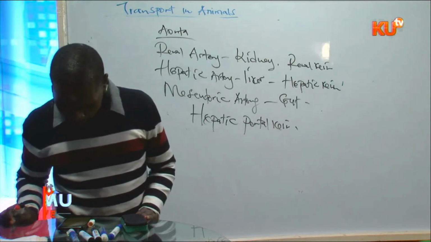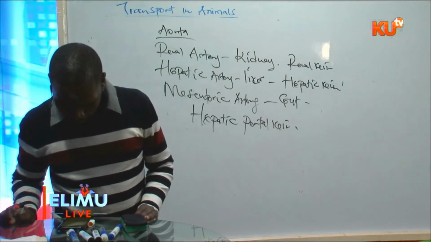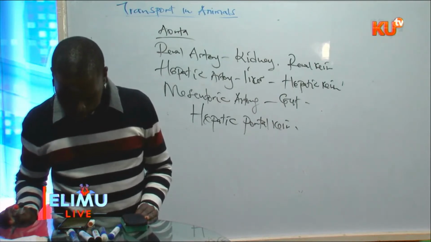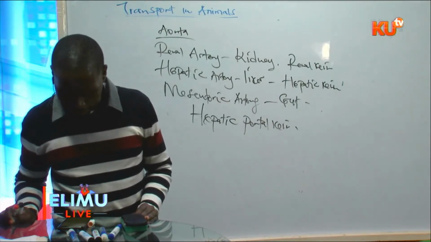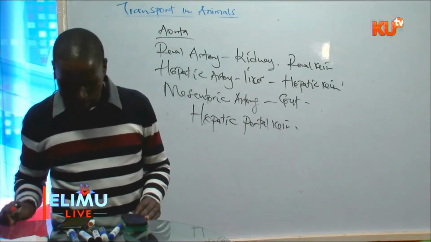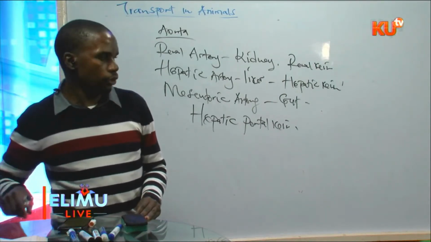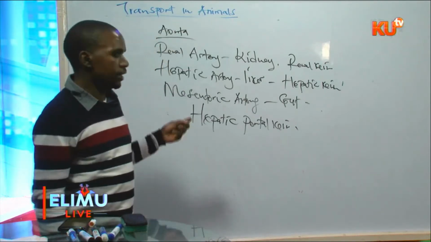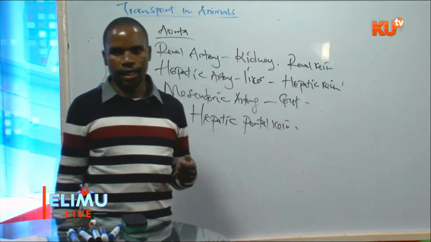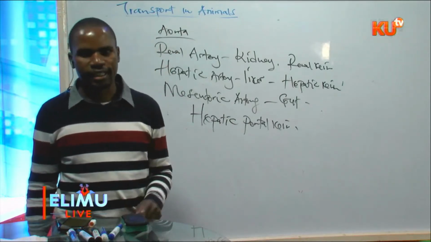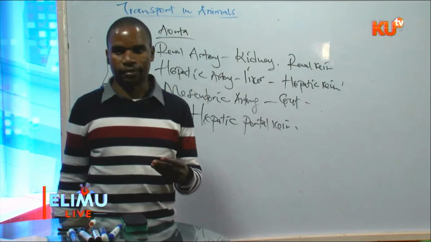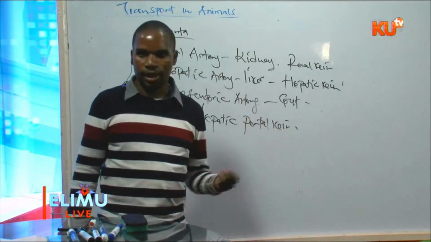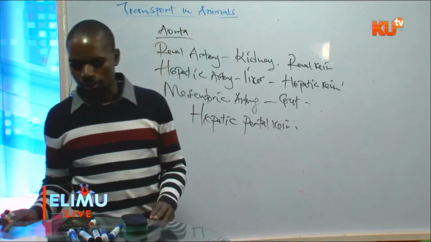Another question. Hi teacher, I'm asking from Jonjo, distinguish between systole and diastole. Okay. Now when you are talking about diastole, this is a phase in the heart when the heart is relaxing. I don't have that diagram, but I'll just elaborate so that you can get it.